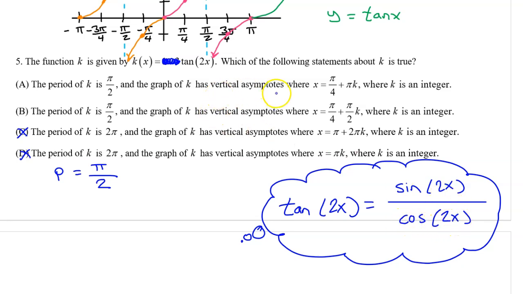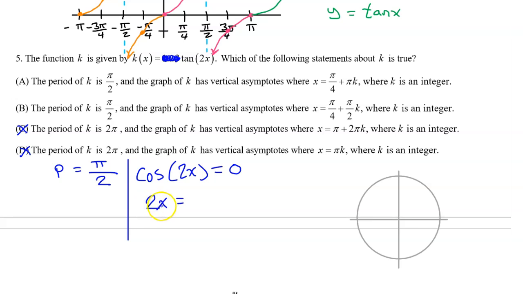A vertical asymptote will occur where tangent 2x is undefined. That's going to be where the denominator, cosine of 2x, is equal to 0. So we need to solve this little equation. The cosine of 2x is equal to 0.